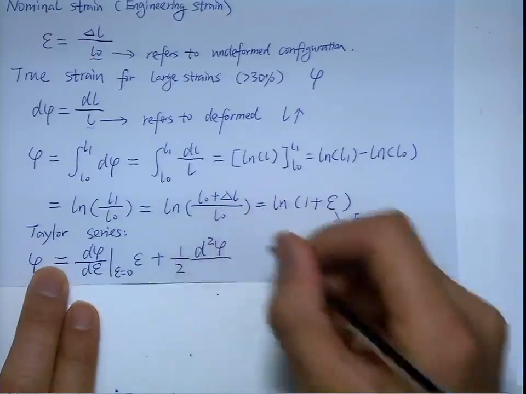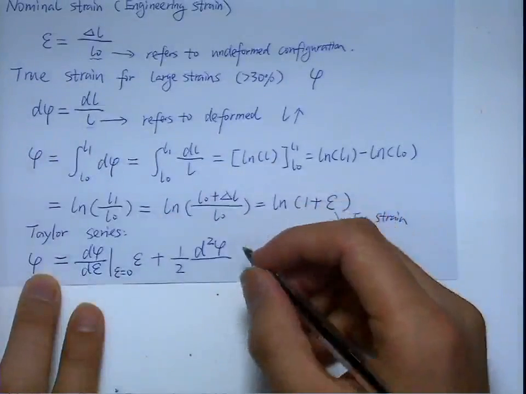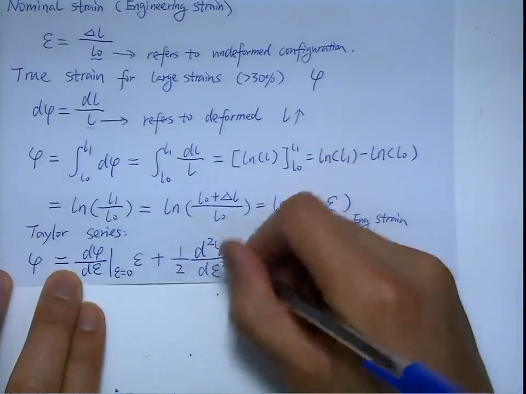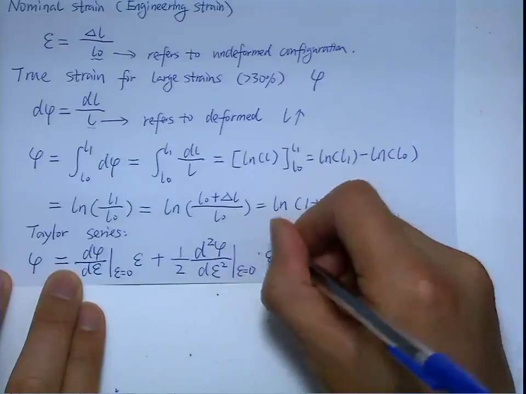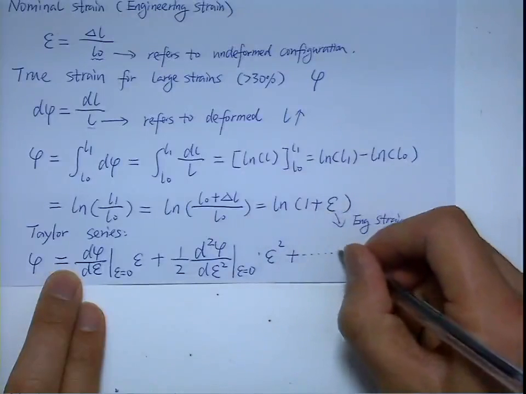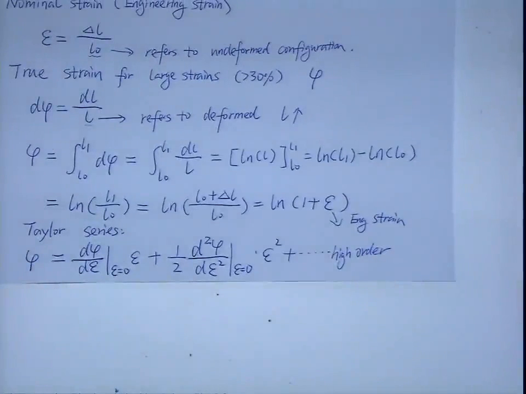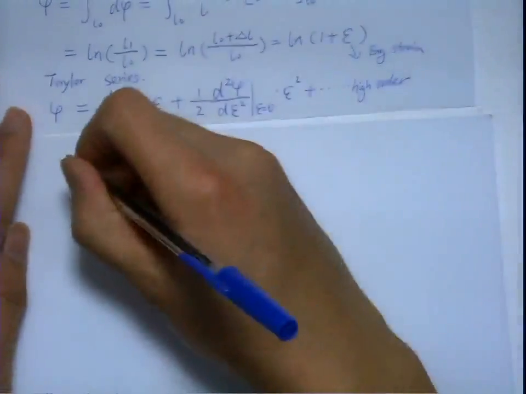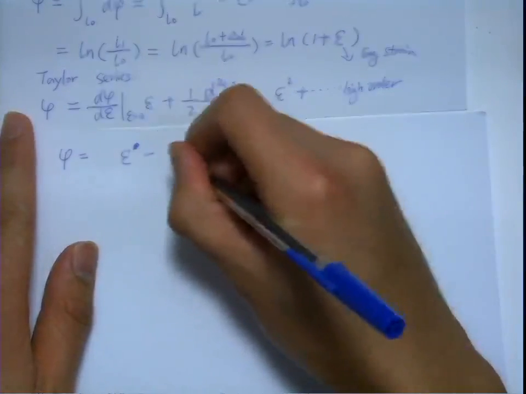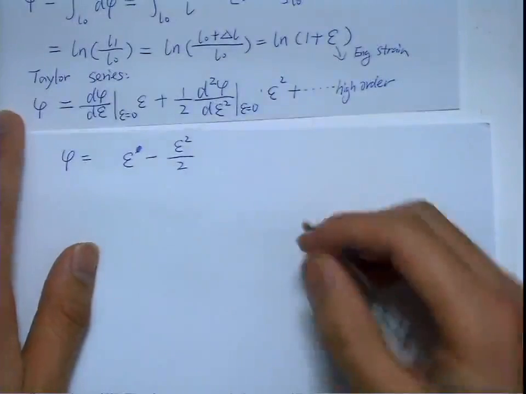You basically expand these expressions with a lot of high order terms, including the square of epsilon, and if you cancel the high order terms, what you get is a much simpler equation: phi equal to epsilon minus half of epsilon square. So that is the final equation for true strain.